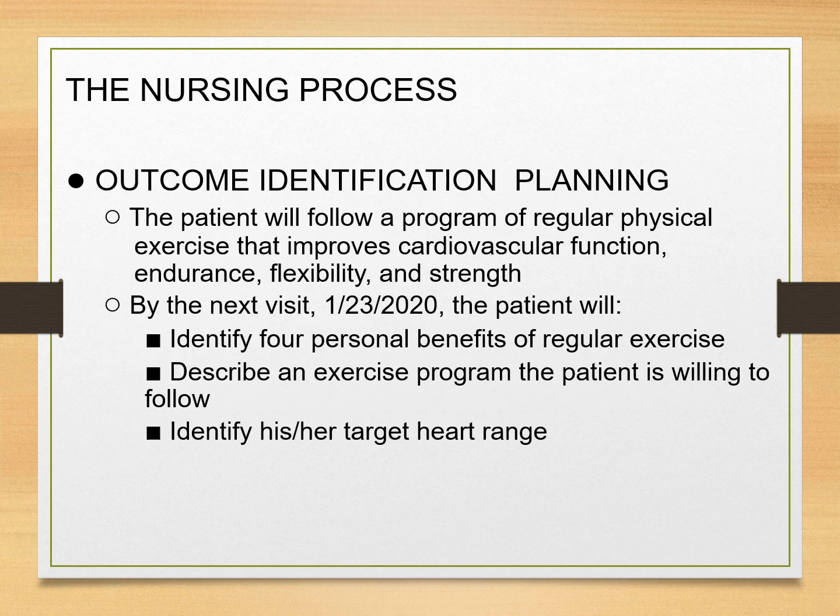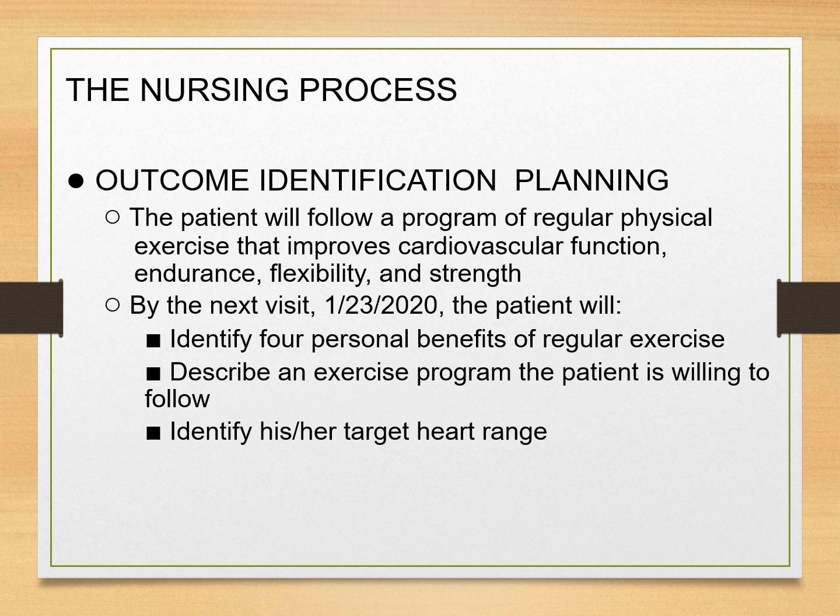The nursing process also involves outcome identification. From here, in planning portion, you have to identify if the patient will follow a program of regular physical exercise that improves cardiovascular function, endurance, flexibility, and strength.